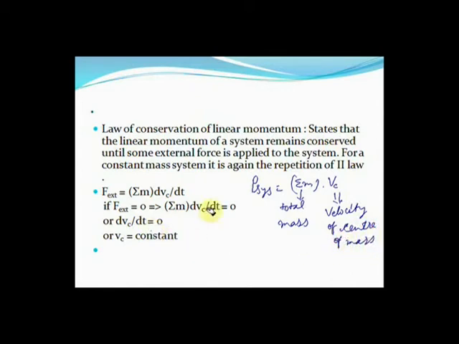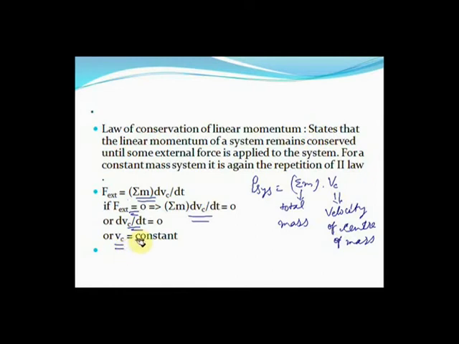Now according to Newton's second law, F external is equal to sigma m into dVc by dt. So if there is no external force, that is F external is 0, we have sigma m into dVc by dt is equal to 0, or dVc by dt is equal to 0, which means that Vc is constant, that is the velocity of center of mass is constant.